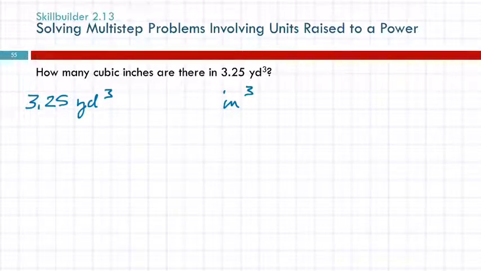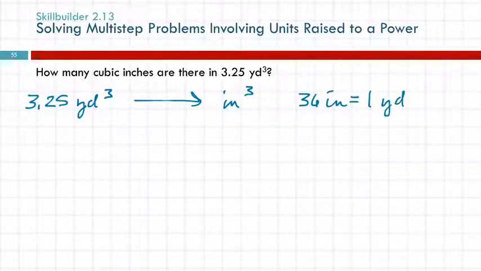Do we know the relationship between inches and yards? Some of you do, some of you don't. It's 36. There's 36 inches in a yard. If you don't remember that, you just know there's 12 inches in a foot and 3 feet in a yard. You could do it in 2 steps. But the relationship is 36 inches is equal to 1 yard.